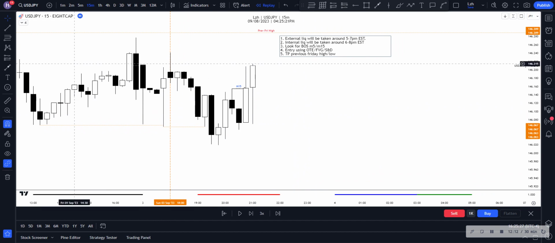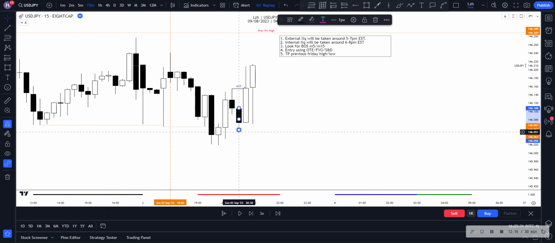What I did last on that day itself was to mark out this one as the new institutional candle, because price came back down, took out all this low, and was followed by a BOS.